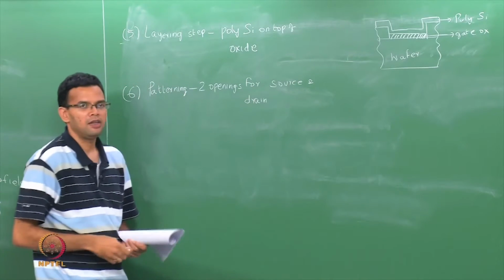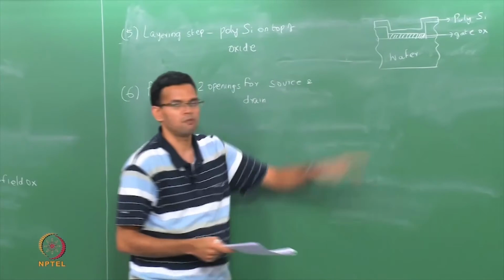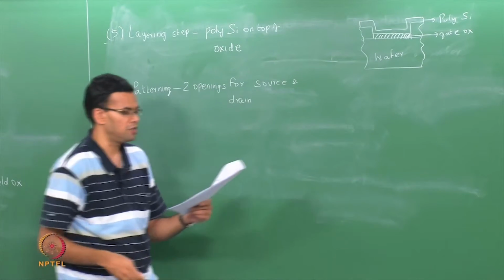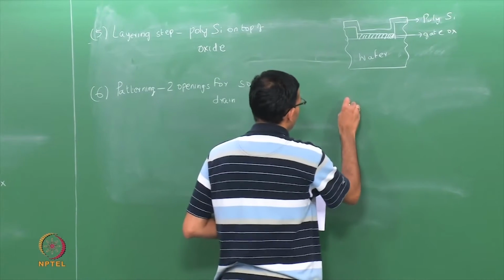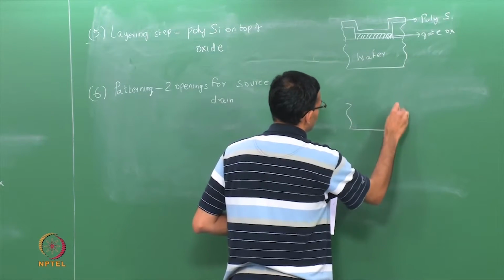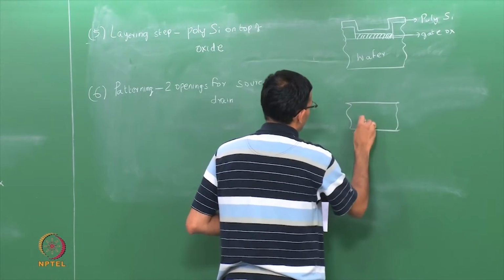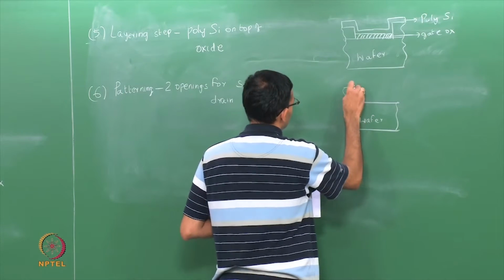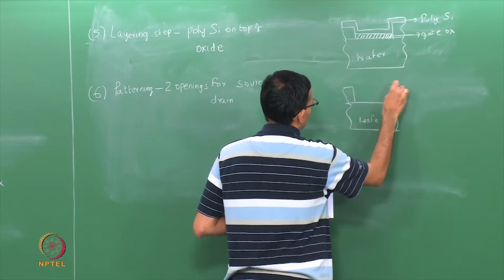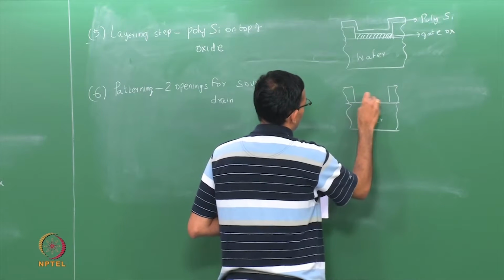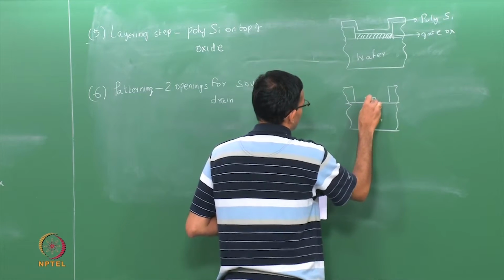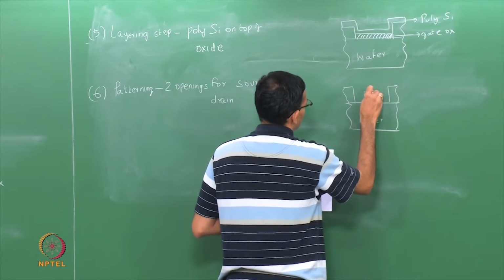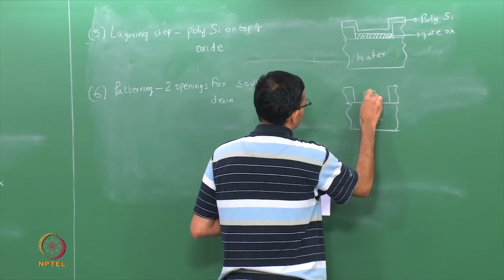When you do the patterning, you will also remove the excess polysilicon, so that you only have polysilicon in the gate region. Now if you look at it, wafer, field ox, I only have my gate oxide in the center, and then I have the polysilicon gate on top.